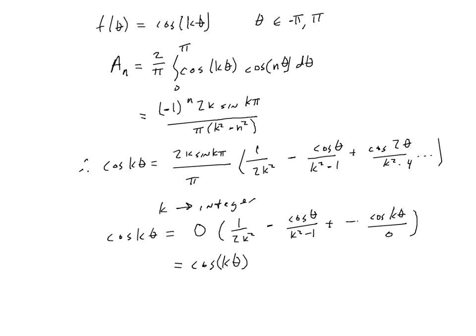And the reason why you get that as going to 1 is because apparently the sine goes to 0 at the same rate that the term in the denominator goes to 0.